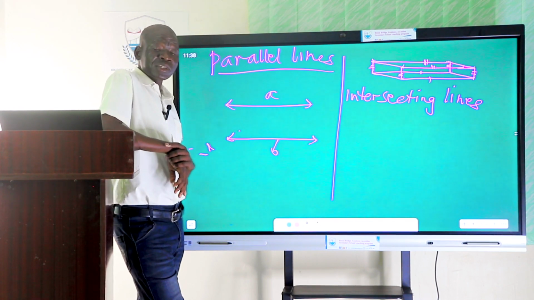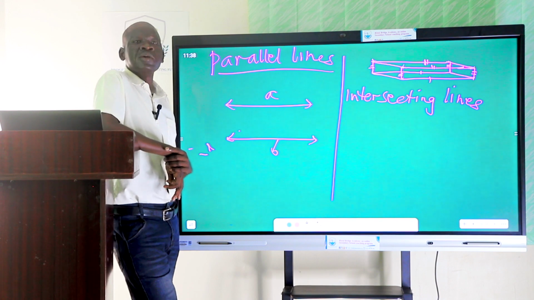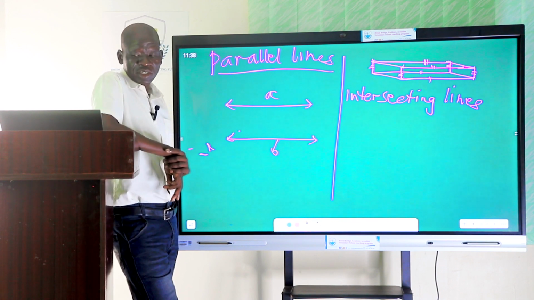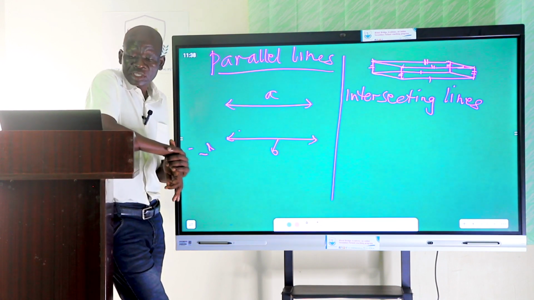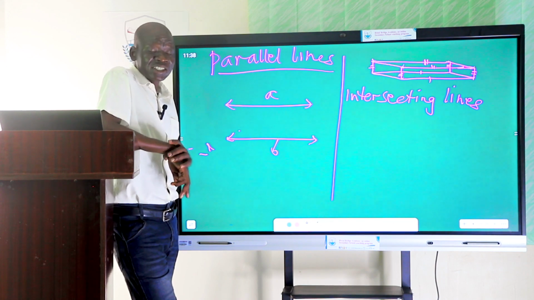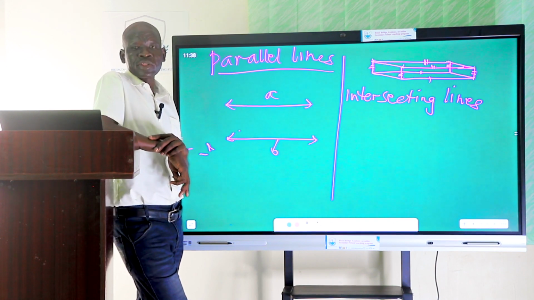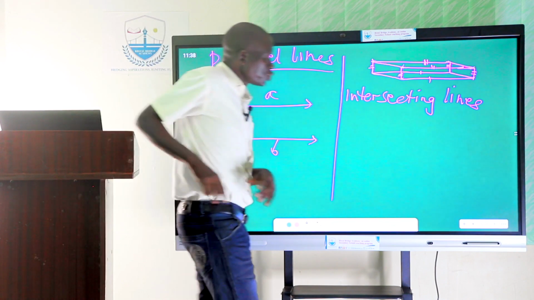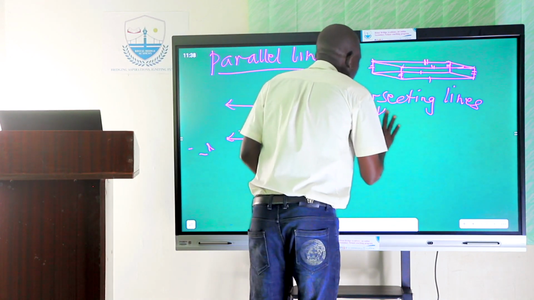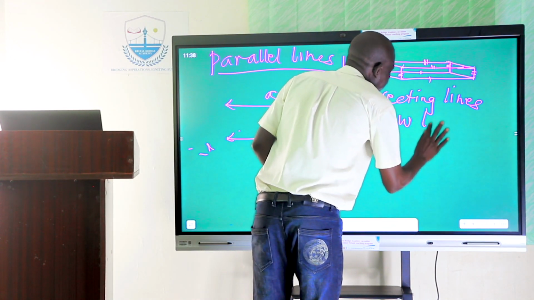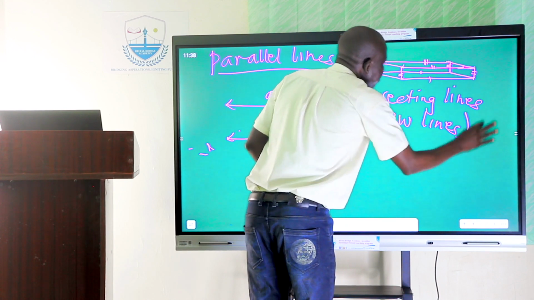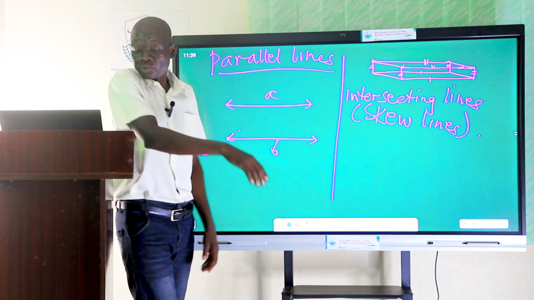When we talk about intersecting lines, we mean those lines which meet each other. The other name for intersecting lines is skew lines. This means lines which meet.